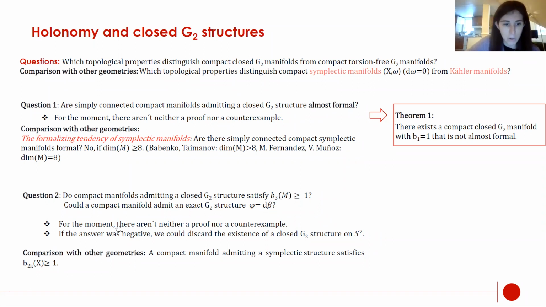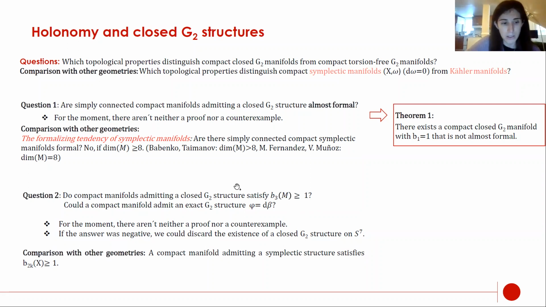And again, for the moment, there aren't proofs or counterexamples to that. But it's interesting because if the answer was negative, then we could discard the existence of a closed-G2 structure on the 7-sphere, because that has third Betti number equals 0.